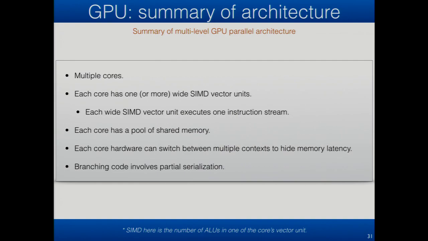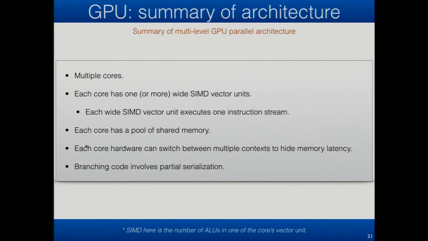So let's look at this summary of the GPU architecture. It's multiple cores. Each core has one, or more recently, more than one, wide SIMD vector units. That's those ALUs with single instruction streams. Each core has a pool of shared memory, so it looks a lot like the old shared memory machines that none of you remember.